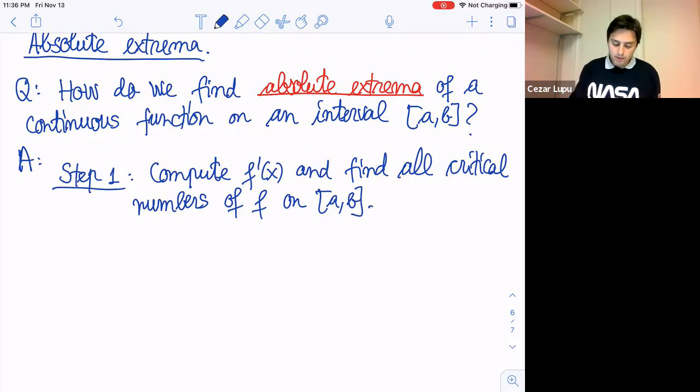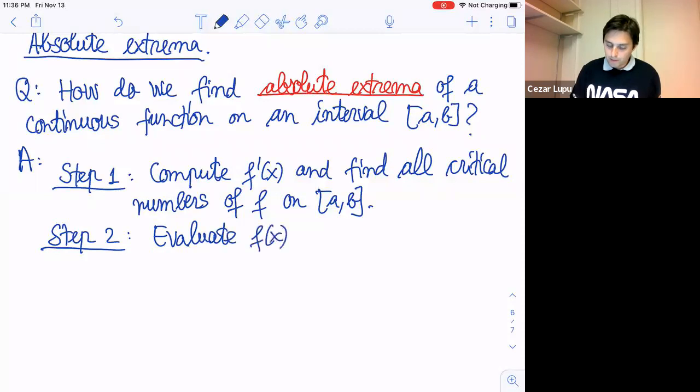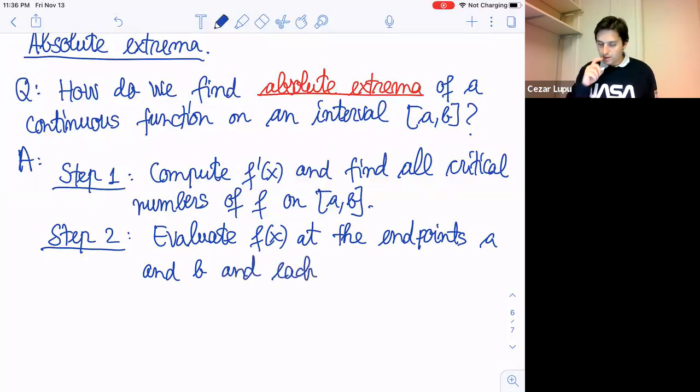So that's step 1. Step 2, we evaluate f of x at the endpoints A and B. This is important. On each critical number x naught, let's say.